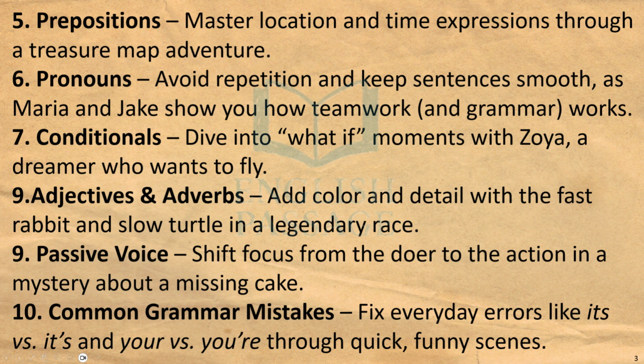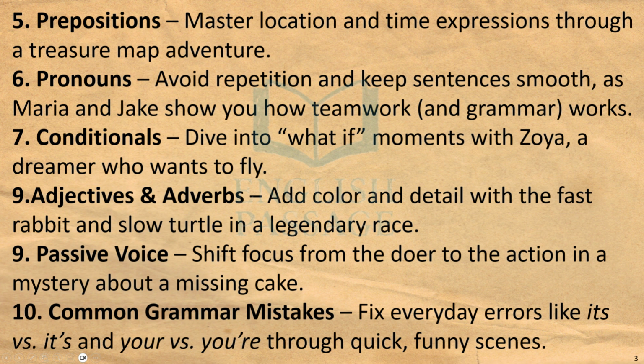6. Pronouns. Avoid repetition and keep sentences smooth as Maria and Jake show you how teamwork and grammar work. 7. Conditionals. Dive into what-if moments with Zoya, a dreamer who wants to fly. 8. Adjectives and adverbs.